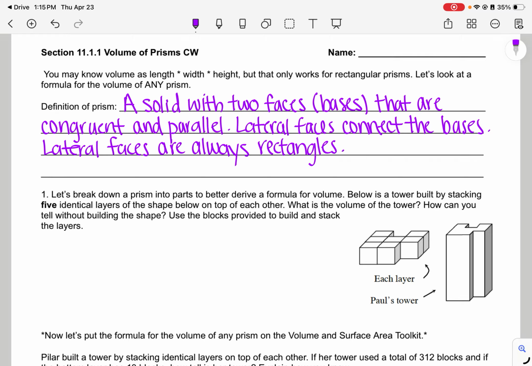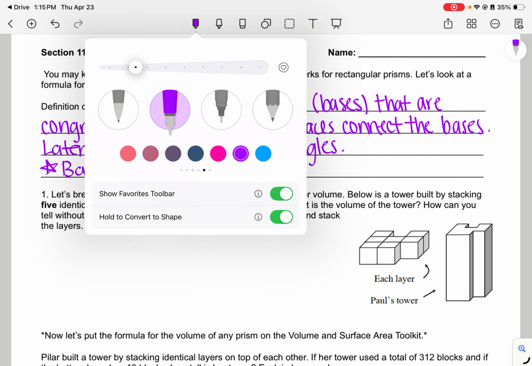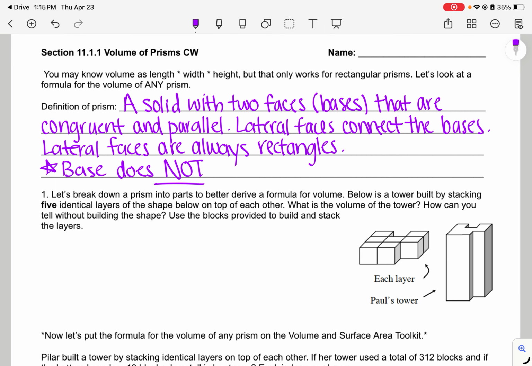And then one more thing that we're going to put is just kind of a side note. It's not the actual definition. So I'm just going to draw a star here, and we're going to say base does not, so let's write it large, always mean bottom.